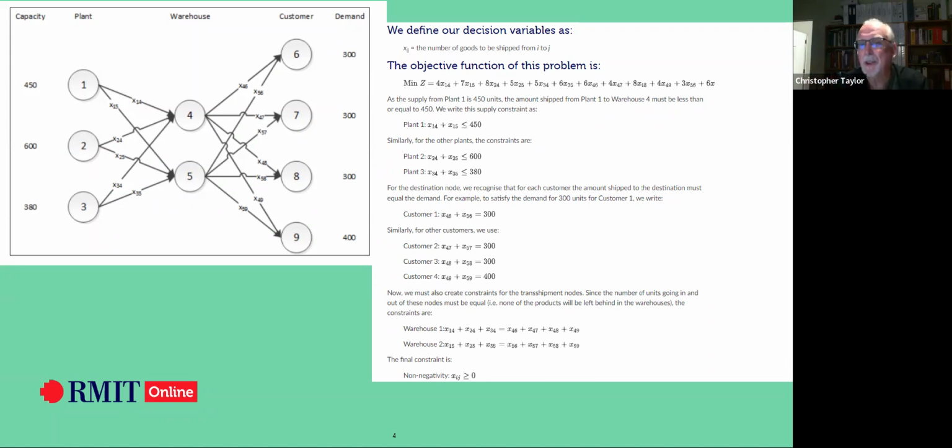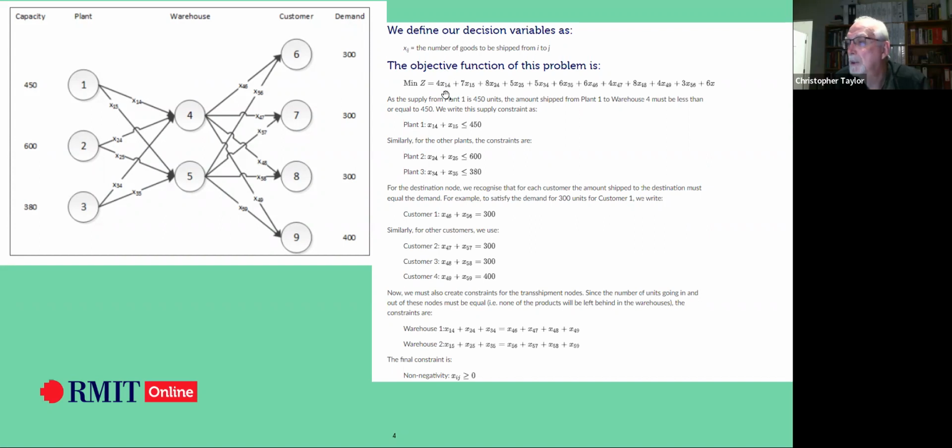So it's just an expression that there are a couple of numbers in there. It's the number of goods to be shipped from i to j. And then the objective function of this problem is to minimize Z, because we know this is minimizing the cost of actually moving these products.